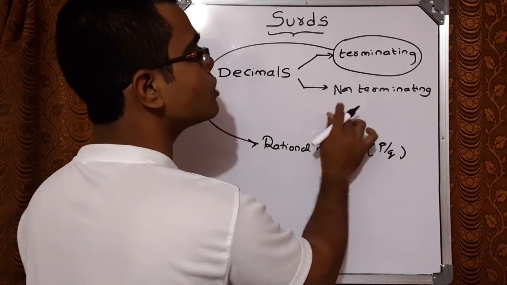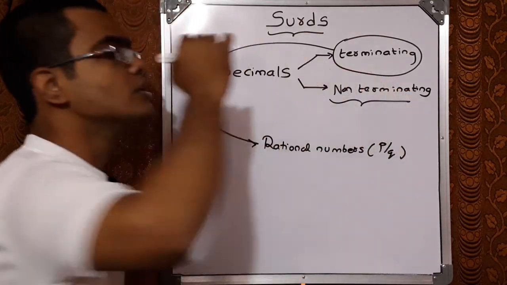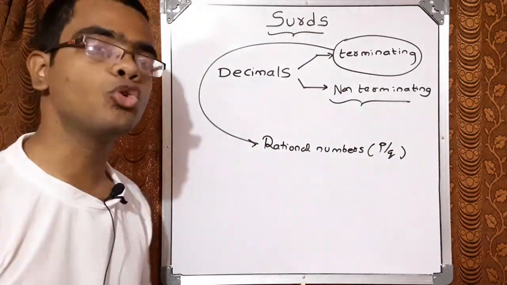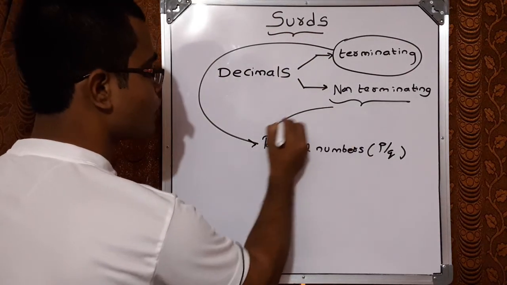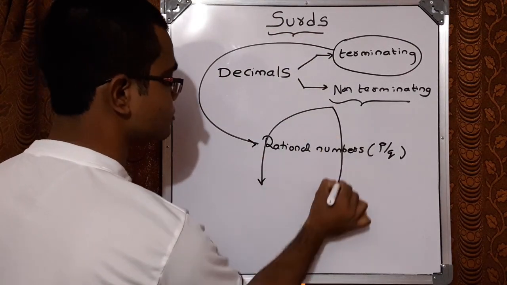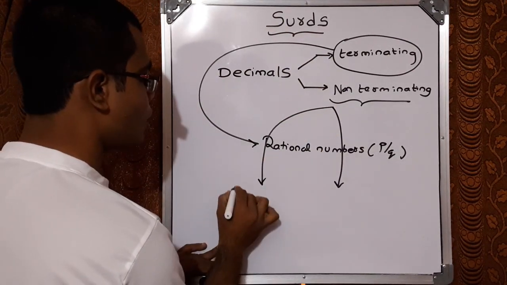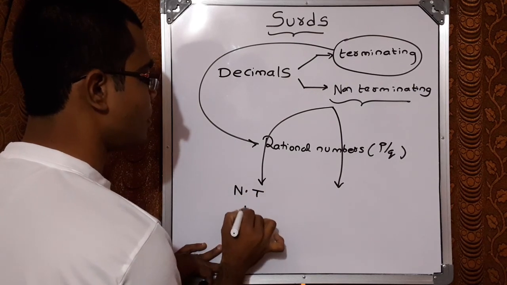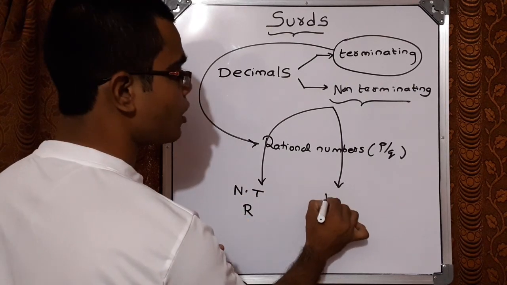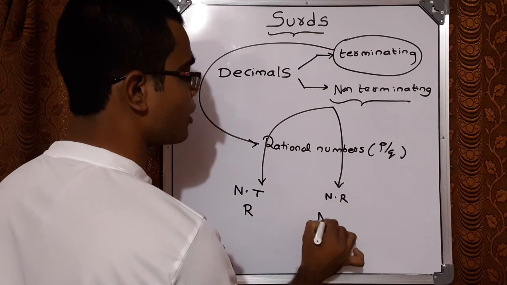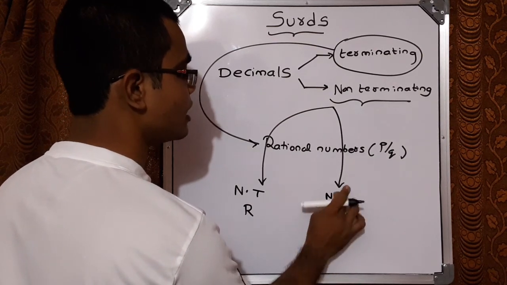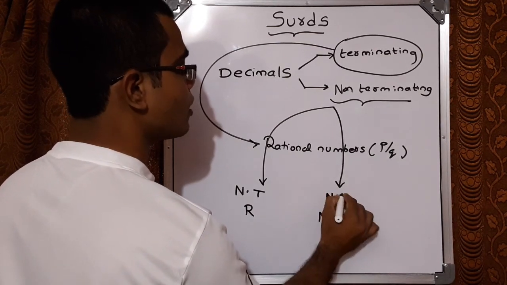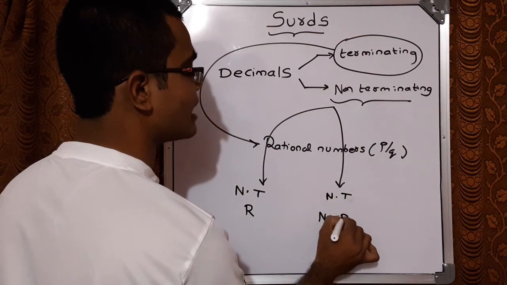Now let's come to the non-terminating. So in non-terminating, we'll have two categories. So I'm writing them over here. Non-terminating but repeating decimals, non-terminating and non-repeating decimals.